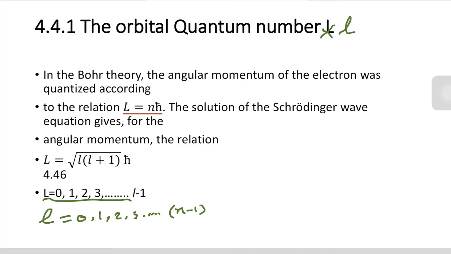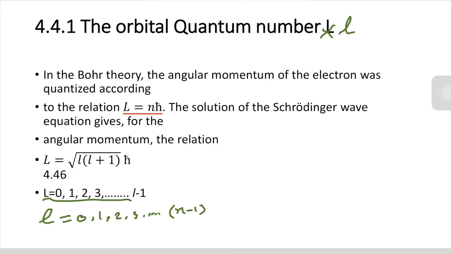In the Bohr theory, the angular momentum of the electron was quantized according to the relation L equal to n h bar, where L is angular momentum. The solution of the Schrödinger wave equation gives for the angular momentum the relation L equal to the square root of l times l plus 1, times h bar, where l is the orbital quantum number.